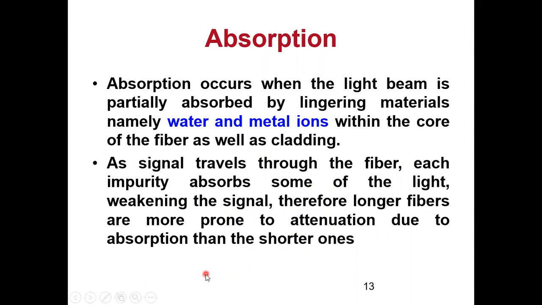So preferably the fiber should be shorter, but that is not possible because we are laying the fiber across the entire city, across the entire country from top to bottom. So my length has to be more. So fiber of shorter length is not the solution. But you can prove this by doing the practical, that yes, the longer the fiber length, more impurities will be there in that particular fiber, and the attenuation of signal takes place.